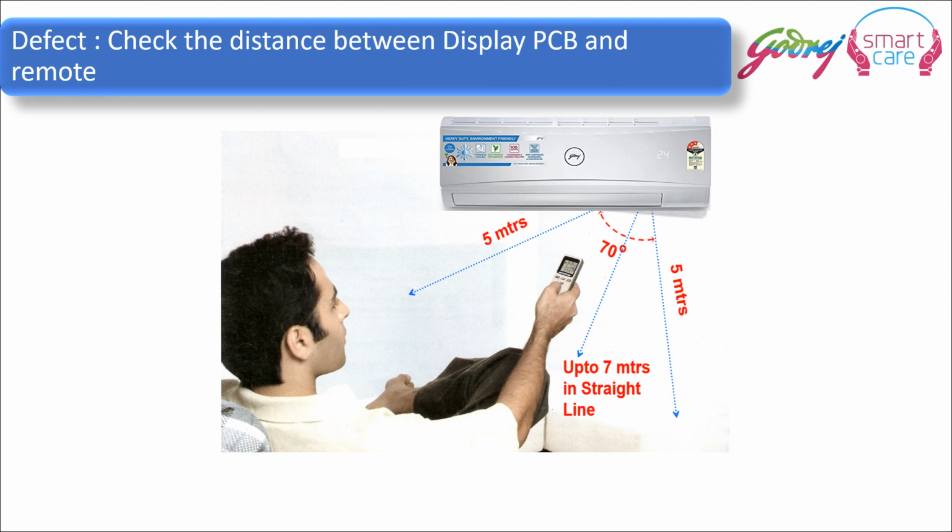This means when we stand perpendicularly in front of the indoor unit, the range of the remote control is a maximum of 7 meters between the remote and the indoor unit. But when we move sideways to an angle of less than 70 degrees, the remote control will work up to 5 meters away from the indoor unit.